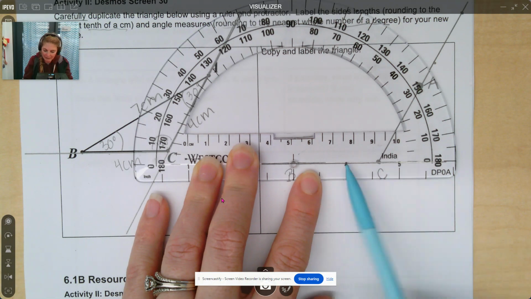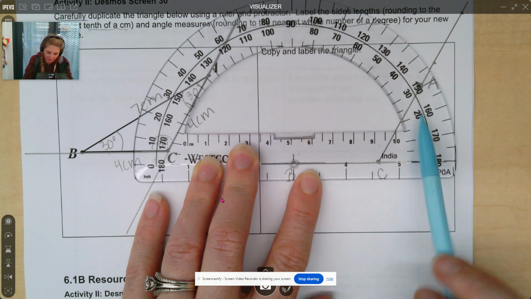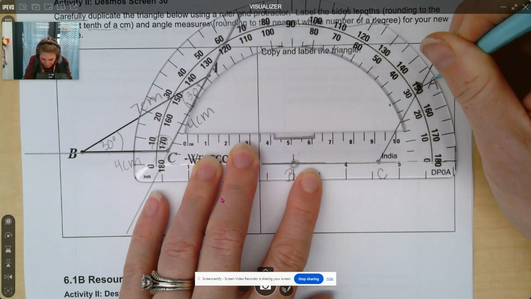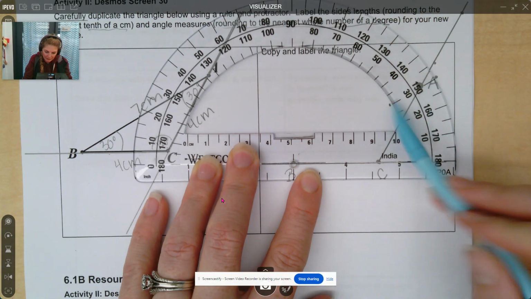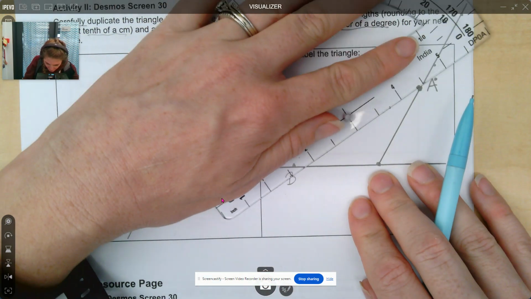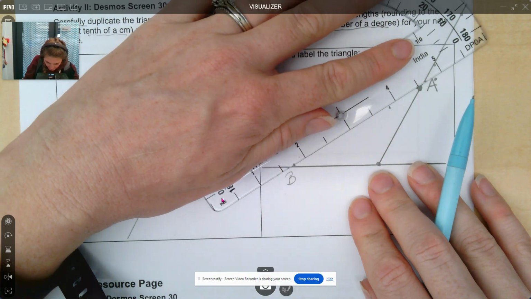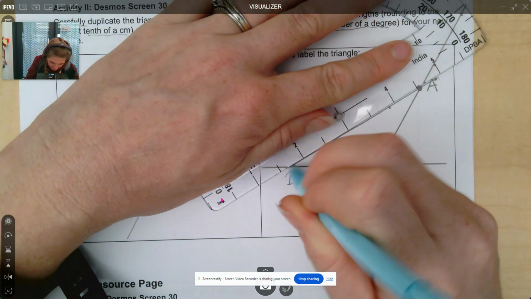If your line isn't extended, extend it so you can line it right up on 0. 30 degrees, so 0, 10, 20, 30. Make a dot above and below on that same line, and then use your protractor to line up on all 3 dots as well as you can.